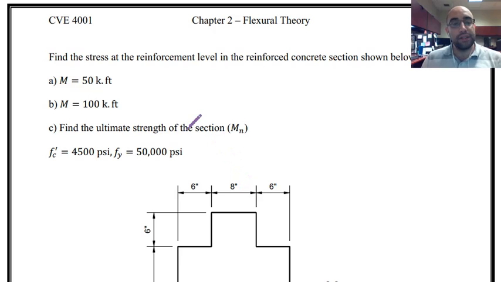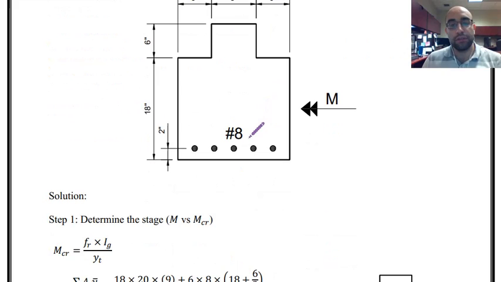So let's see how we can find the stress for this situation where moment is equal to 50 kip-foot. As you know, at the very beginning, what I need to do is to consider the cracking moment and see if the applied moment is greater than cracking moment or smaller than cracking moment.